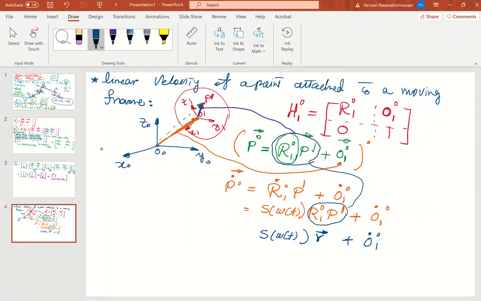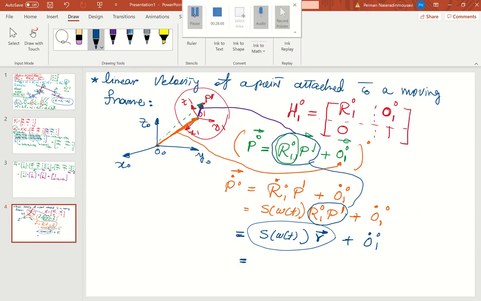Based on the property I taught you in the previous class, please go and check. This can be written as, based on which property? This property you have in your notes. Remember property number 1: S of vector A in P can be written as A cross product in P. You have your notes, right?